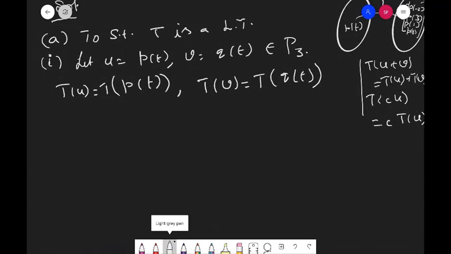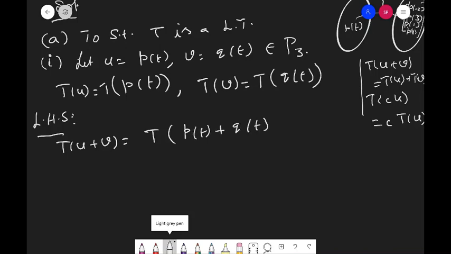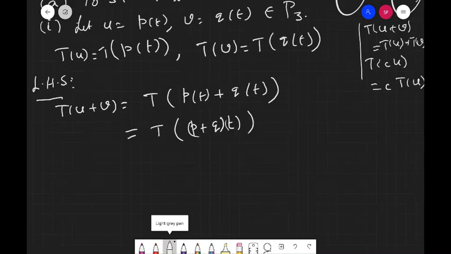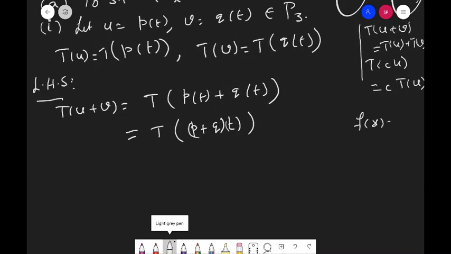Now we will take the LHS, that is T of u plus v, which is T of P of t plus Q of t. Now I can write this as P plus Q of t, because in polynomials, if f of x plus g of x is there, I can write it as f plus g of x, for two functions on the same domain.